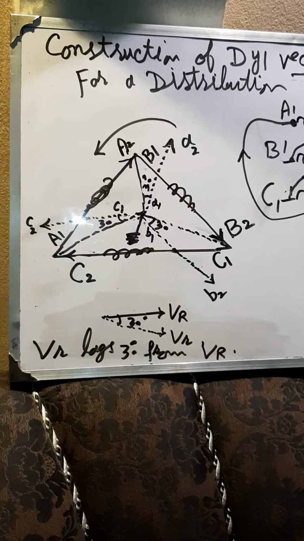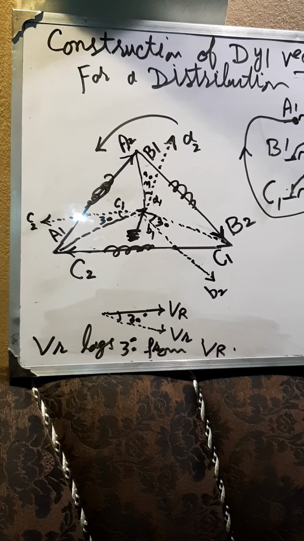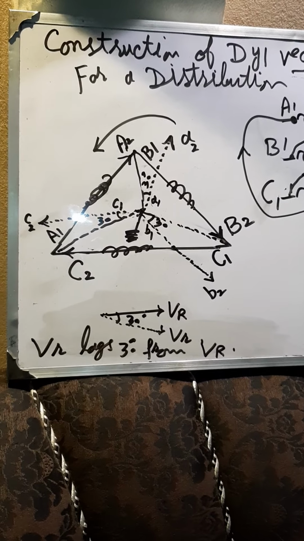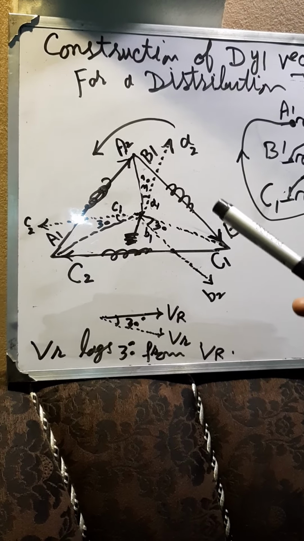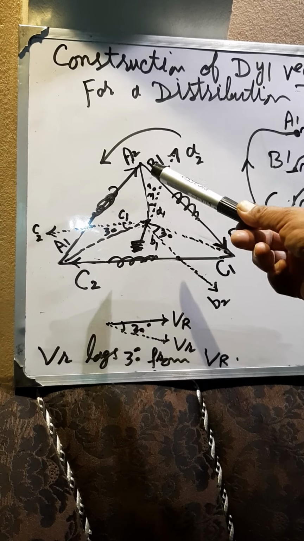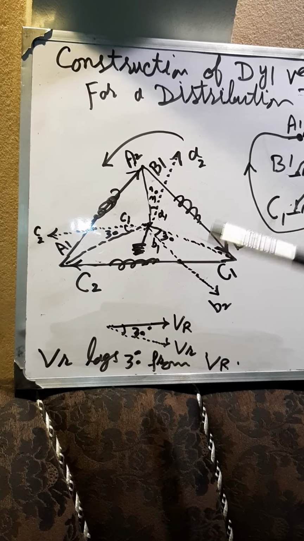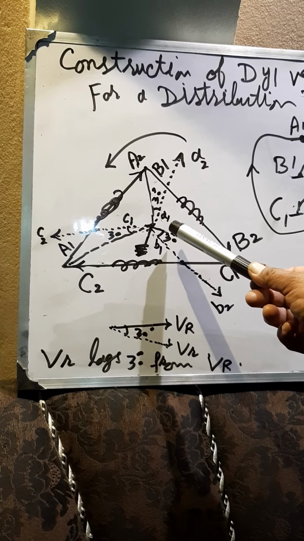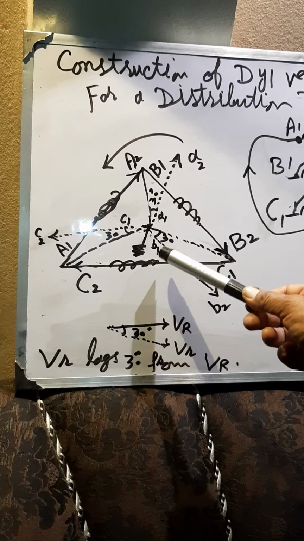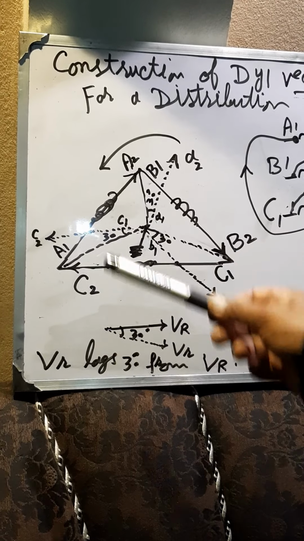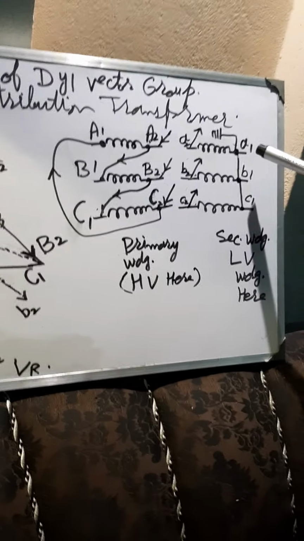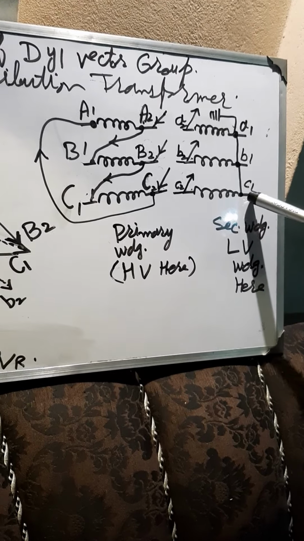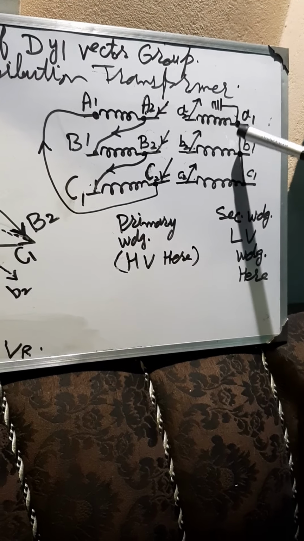I have shown the secondary winding vectors with small letters, and the primary winding vectors with single letters. On the secondary side, the star point exists at small a1, small b1, small c1. So this is the star point on the secondary side.